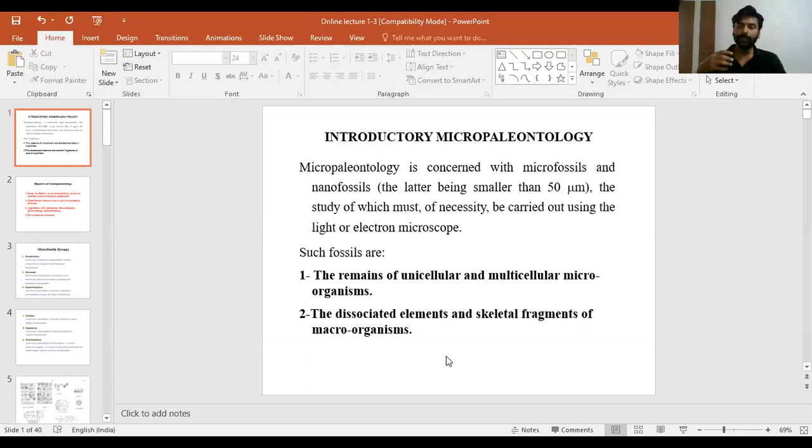Also, sometimes the skeletal remains of a larger organism, which are very minute in size, are considered part of micropaleontology, like conodonts. We don't know about the affinity of conodonts. Affinity means which organism it is related to. Conodonts are typically phosphatic microfossils.